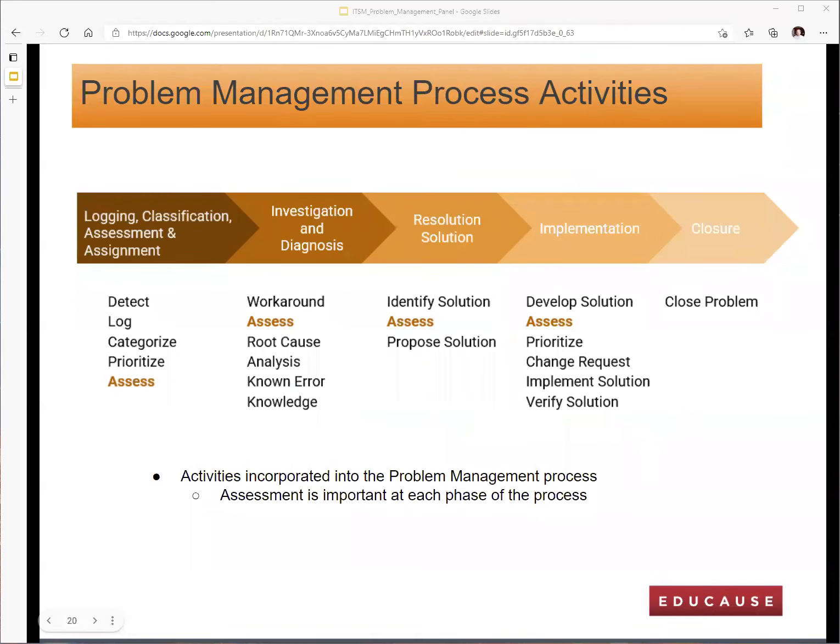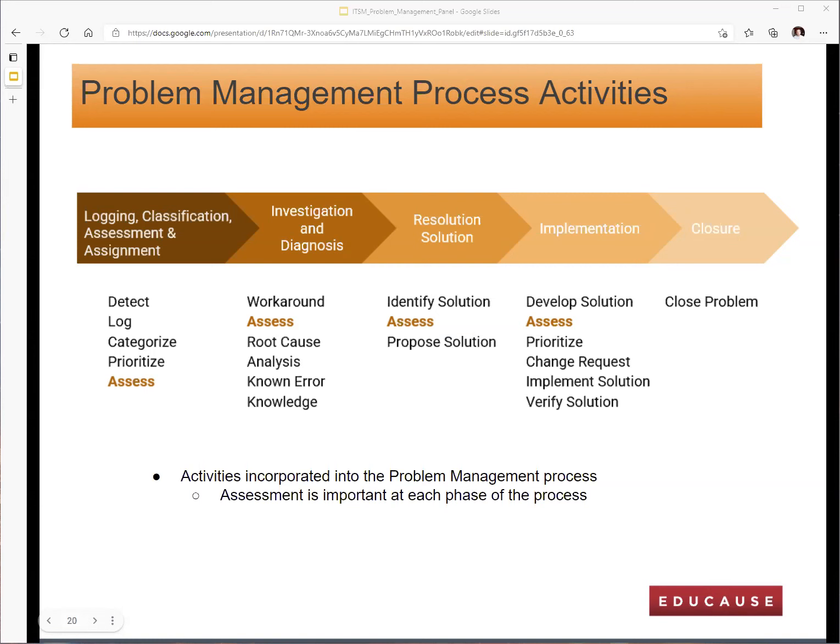The problem management process follows the activities that are outlined in ITIL. I will say that the activities are not prescriptive. We don't require you to do every single activity because every problem is different. And one of the things that I have highlighted on the slide is the importance of an assessment.